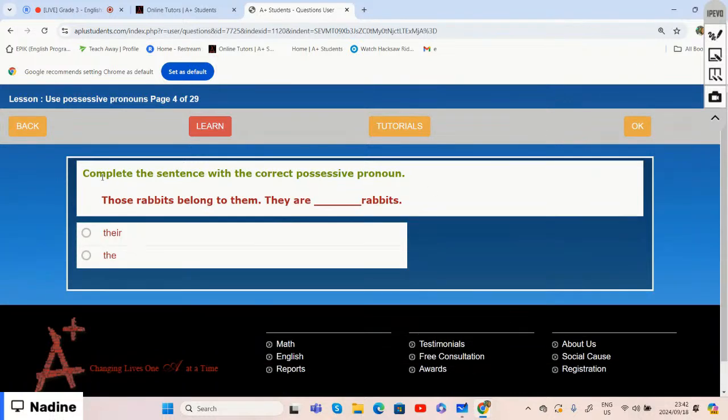So well done. Those rabbits belong to them. If those rabbits belong to them, then we can say they are their rabbits, or do we say they are the rabbits?